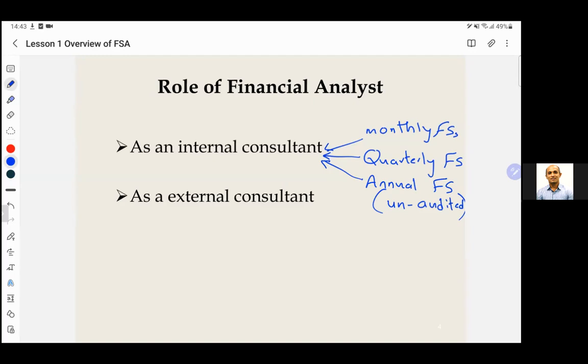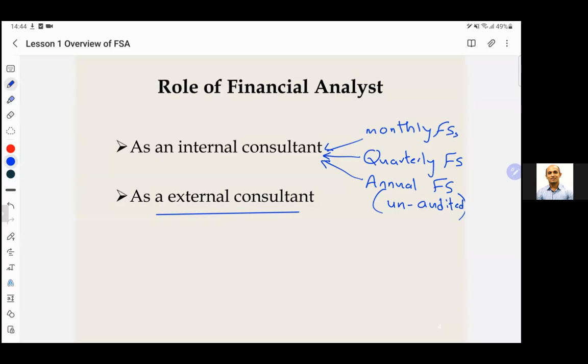Now the example. So you may be an external consultant. There are occasions when you are an external consultant. So you are not internal to the company. Sometimes you consult various investors in making their investment decisions.